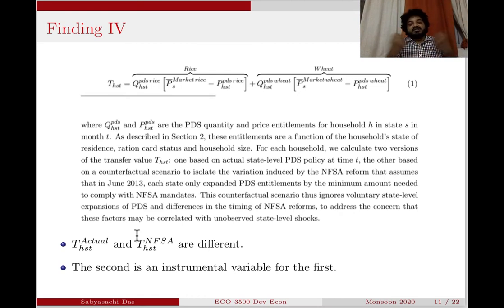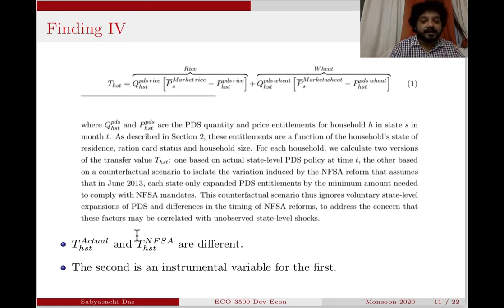Because the change in NFSA was because of some arbitrary prices and quantities stipulated by the central government, and therefore that implied some change for every state depending on what their pre-NFSA levels were, and that change was exogenous because these stipulations are arbitrarily set, right?